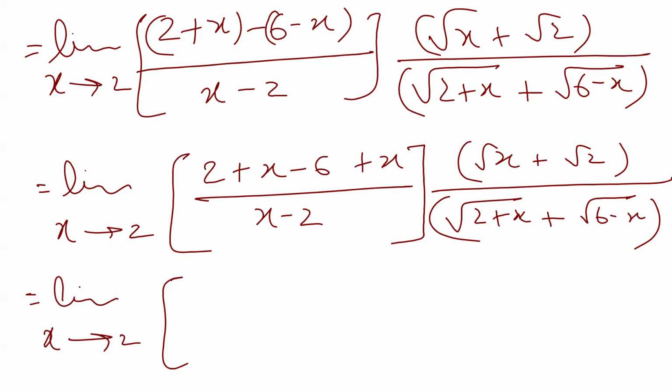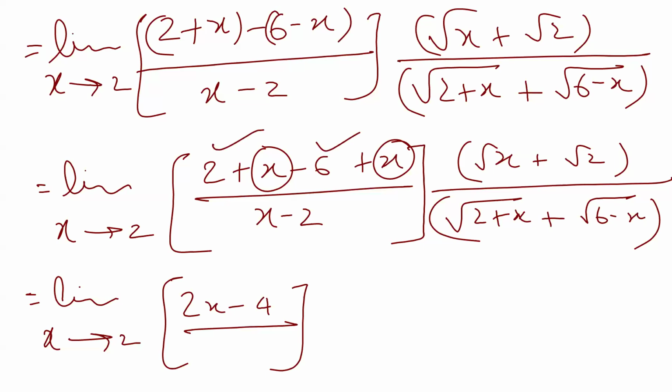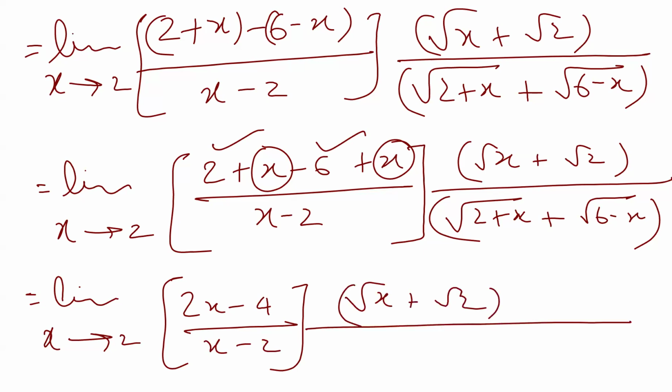Limit x approaching 2: x plus x is 2x, minus 4. 2 minus 6 is minus 4. x minus 2, root x plus root 2, root of 2 plus x plus root of 6 minus x.